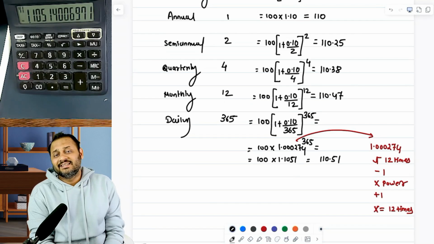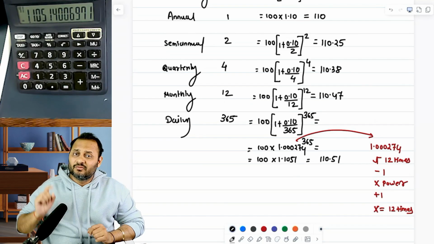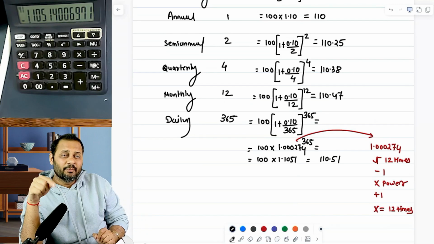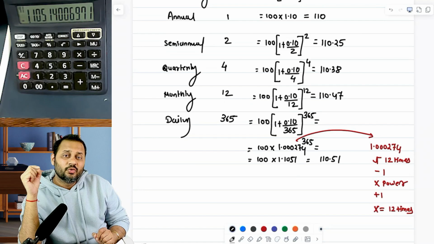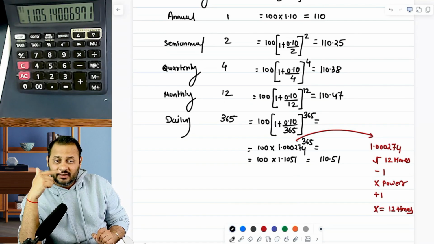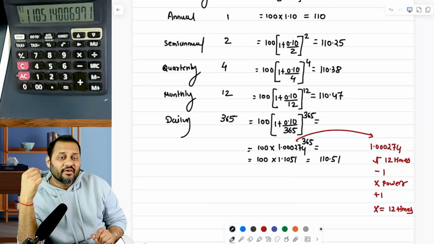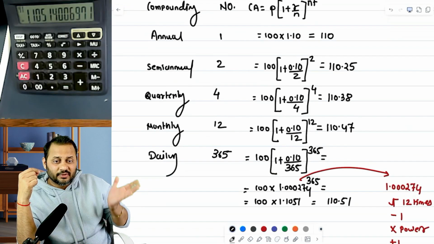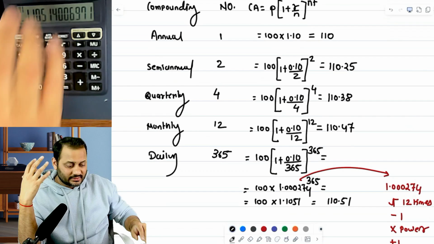You can clearly see that in all the 5 examples, the rate of interest per annum was 10% itself. But because the compounding were more in a year, we were able to earn more. Like in the last part, we were earning 110.51. We were not earning this much in any of the previous part because the number of compounding were less.